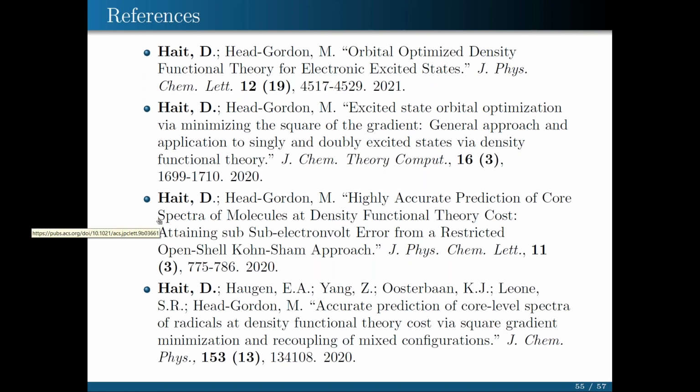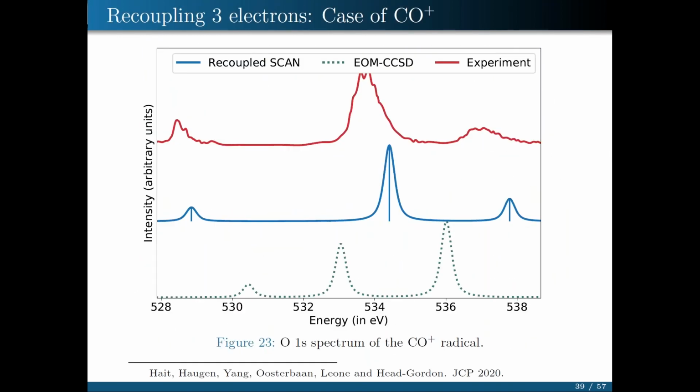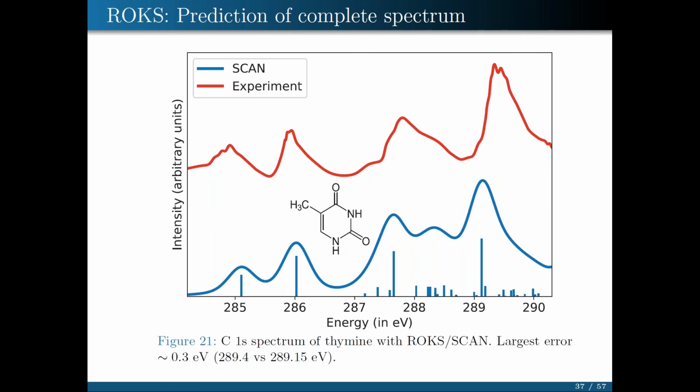So for the transition moments, yeah, let me go back real quick. For the transition moment calculations, what I wind up doing is that there is some kind of an excited state wave function in terms of the Kohn-Sham Slater determinants.